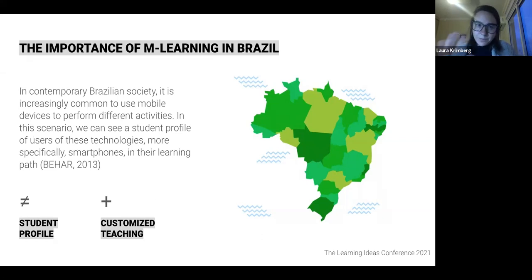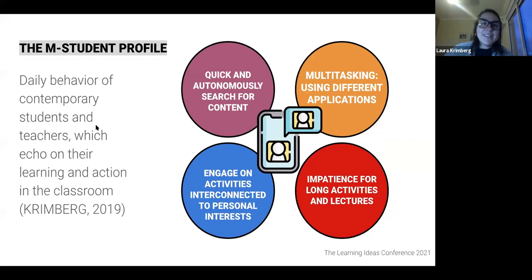But we have a study that leads us to the M student profile. It's like the mobile student that I studied and named in my dissertation. So we have this kind of behavior profile that applies to students and teachers also. It's not just a generation that has these behaviors. They have a quick and autonomous search for content.